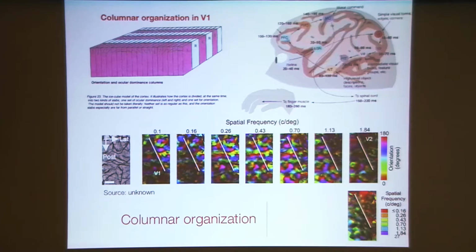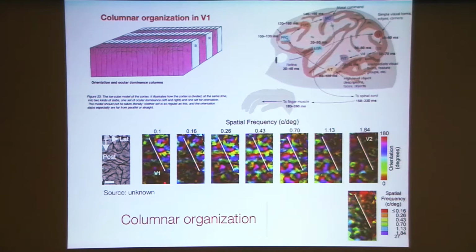One point that I'd like to make is that you shouldn't think of cortical cells as doing one simple kind of feature detection, but every cell participates in a multidimensional representation, which is illustrated here. Unfortunately, I lost the source of this beautiful slide.